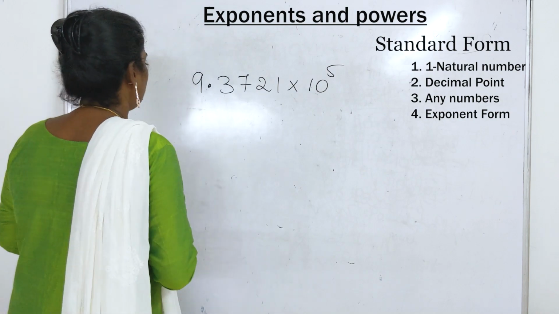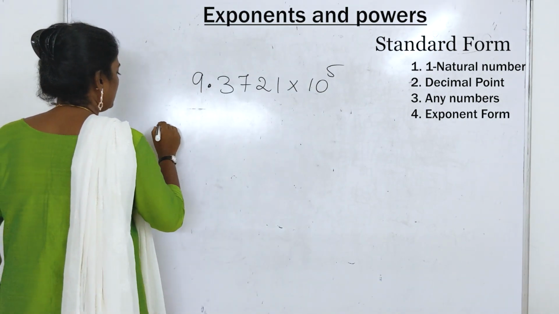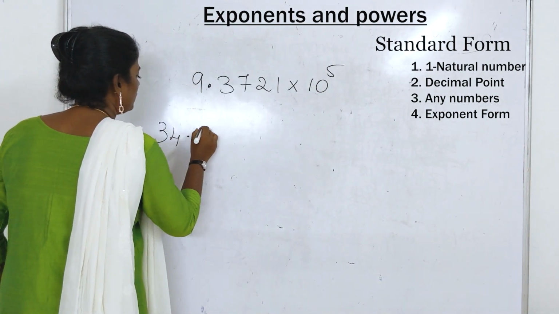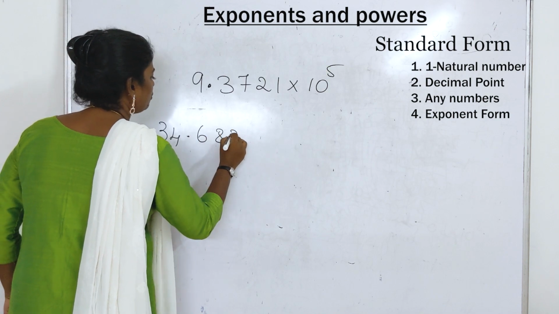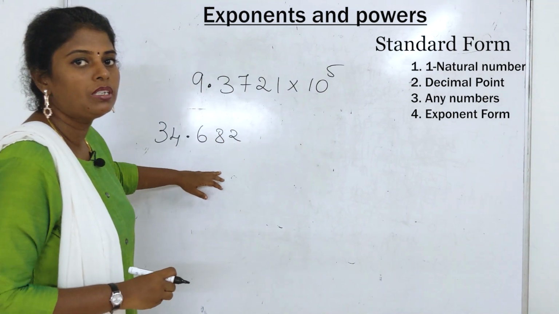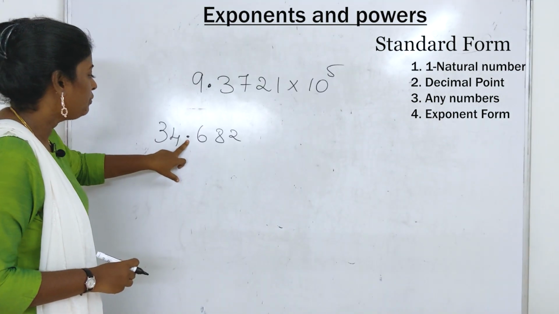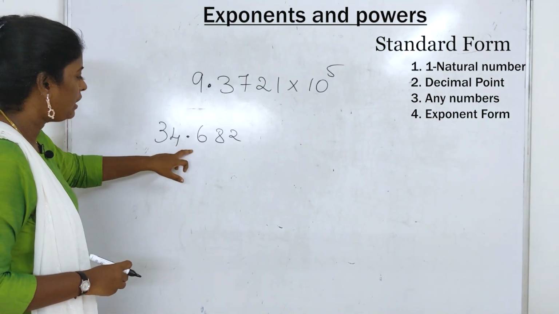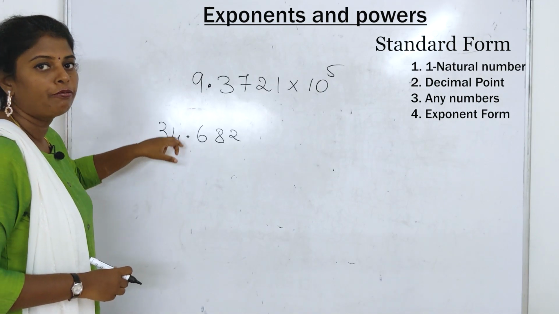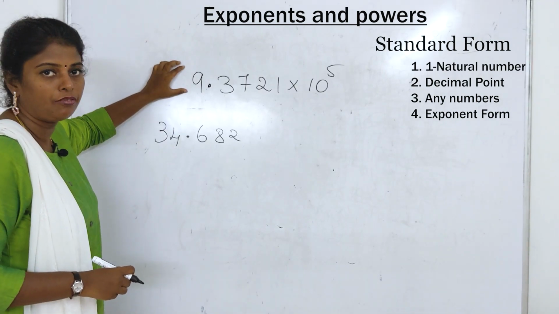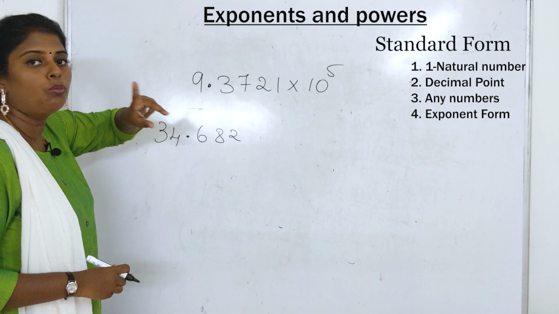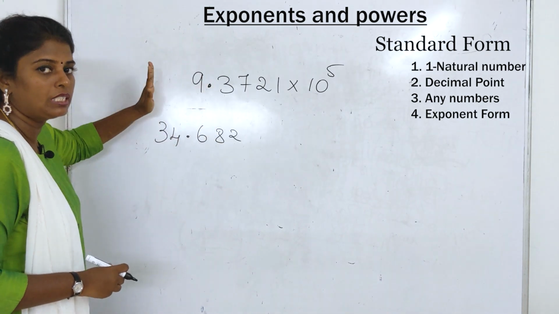For example, if we have the number 34.682, is this decimal number in the standard form? No, because before the decimal point we have 2 numbers, but for the number to be in standard form, we should have only one number before the decimal point.